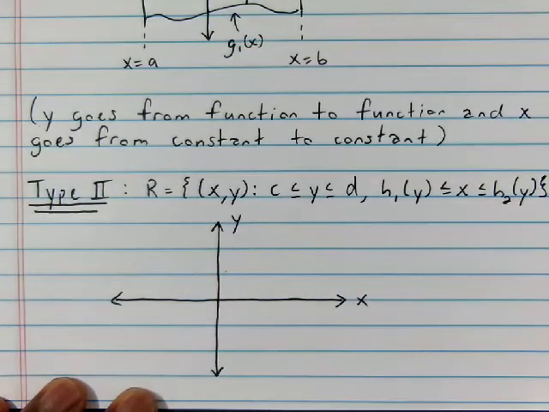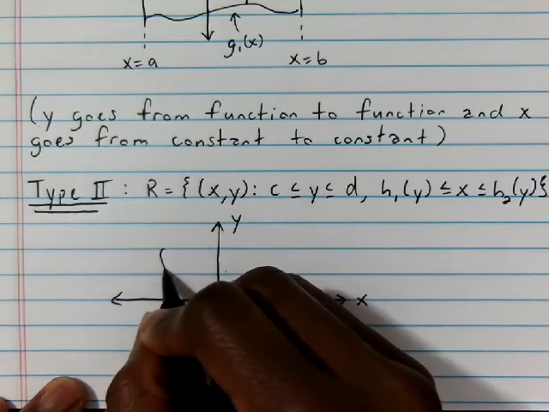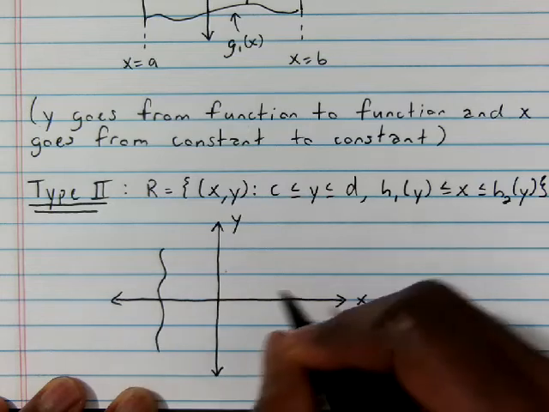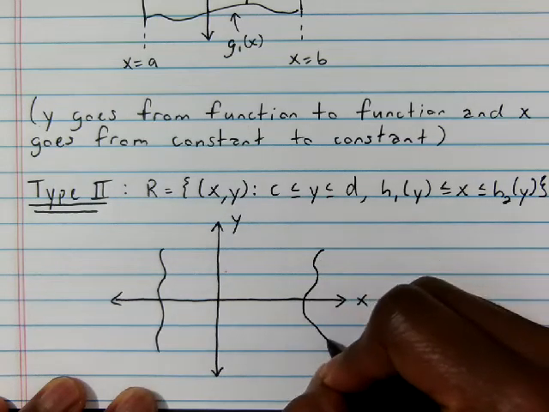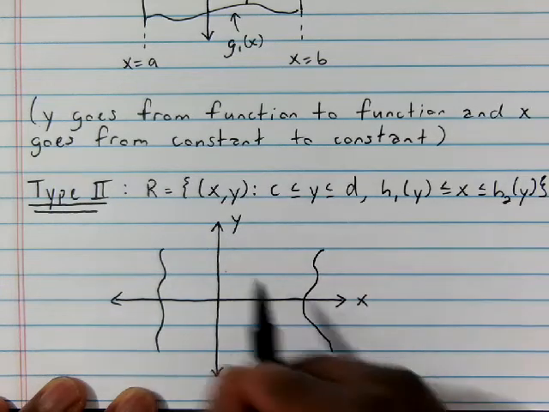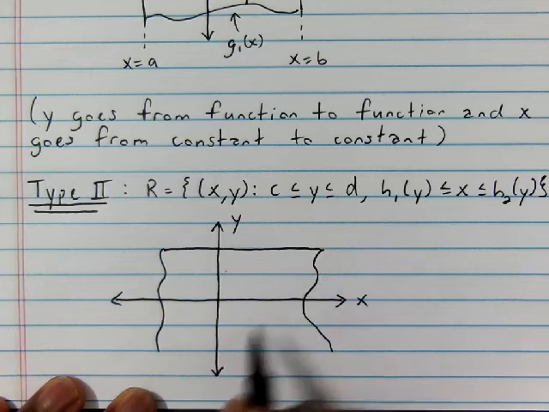So here we're going to have some function of y at the left, some other function of y at the right, and then you're going to have a horizontal line at the top and a horizontal line at the bottom.